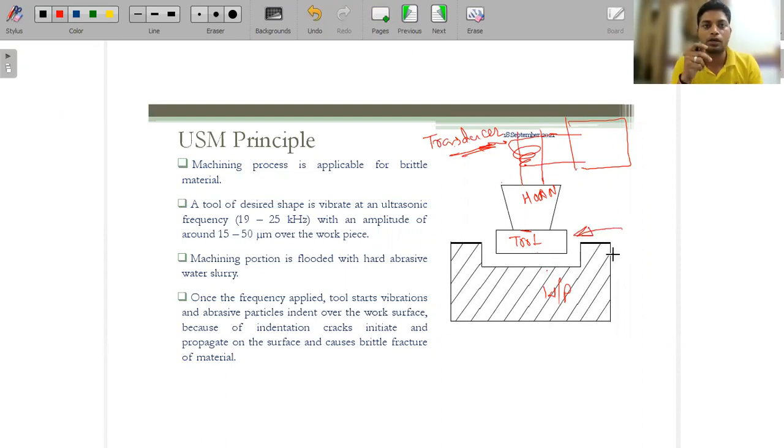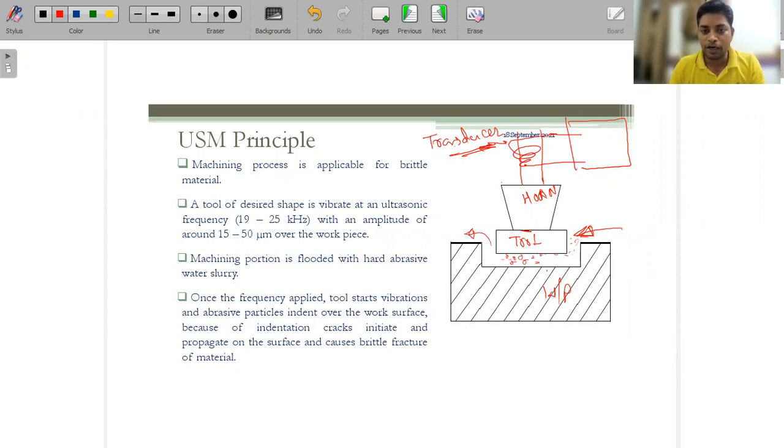In abrasive jet machining the slurry was a combination of air plus abrasive grits, but here it is a combination of water plus abrasive grits. This slurry passes in between the workpiece and the tool, entering from one side and coming out from the other.